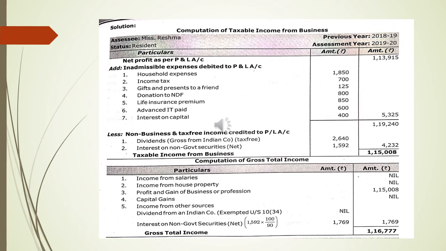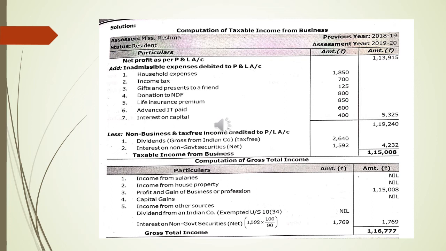So the first one is trade expenses. It is relating to business, so ignore. Establishment charges, rent, rates and taxes, all these are relating to business, so don't show in the solution. Household expenses. Household is relating to your personal, not allowed. It is inadmissible. So 1,850 you add it back to the net profit. Discount allowed is business expenditure.